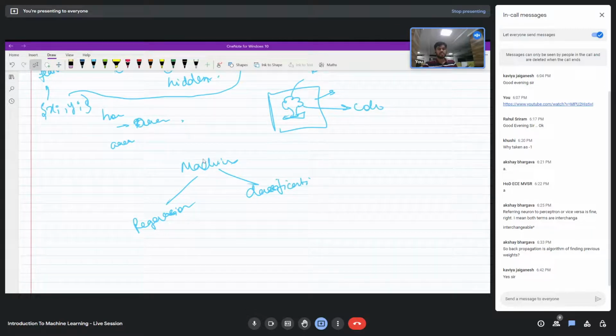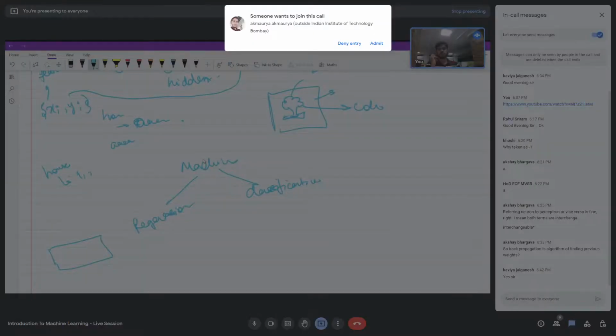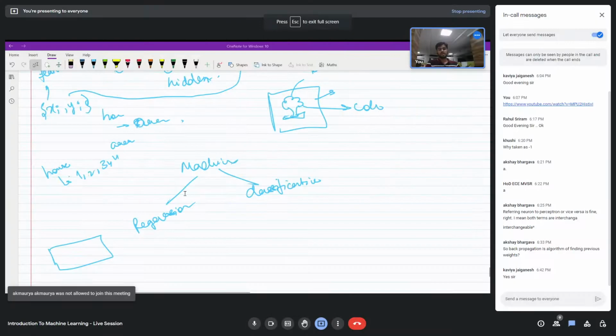In regression, your features are not your classes. Your features can be categorical. Let's say for a house, you can have the number of rooms as 1, 2, 3, 4, which you can see as if they are classes, but they are your features and not the classes that you want to predict.